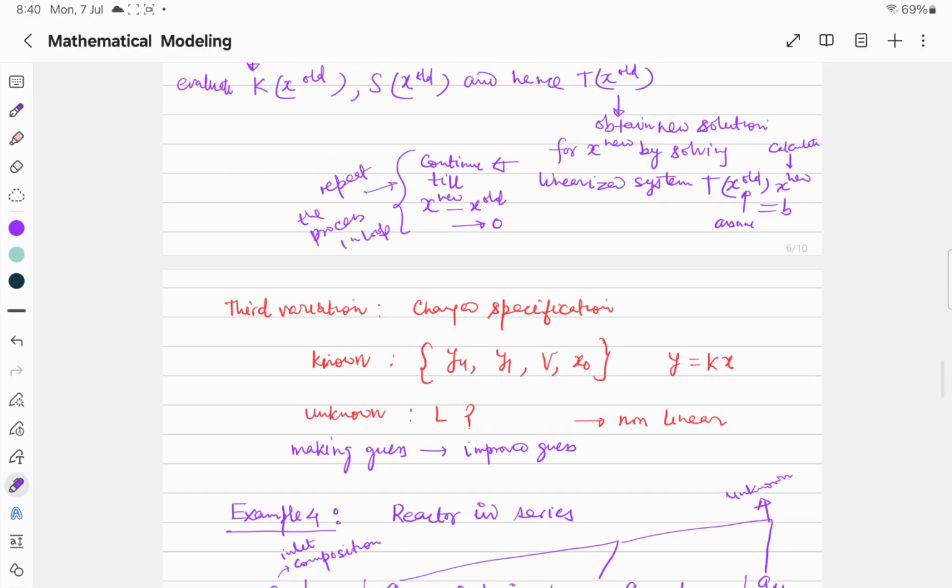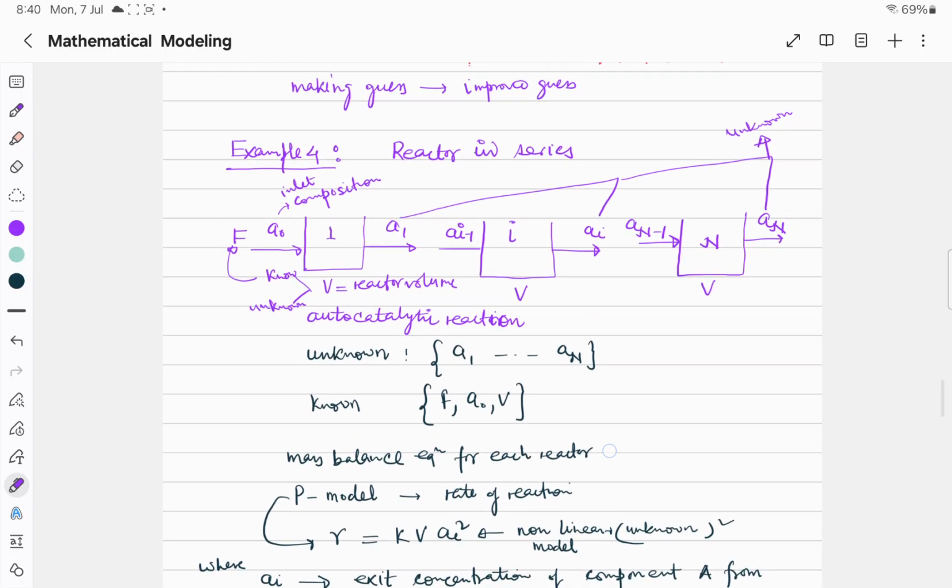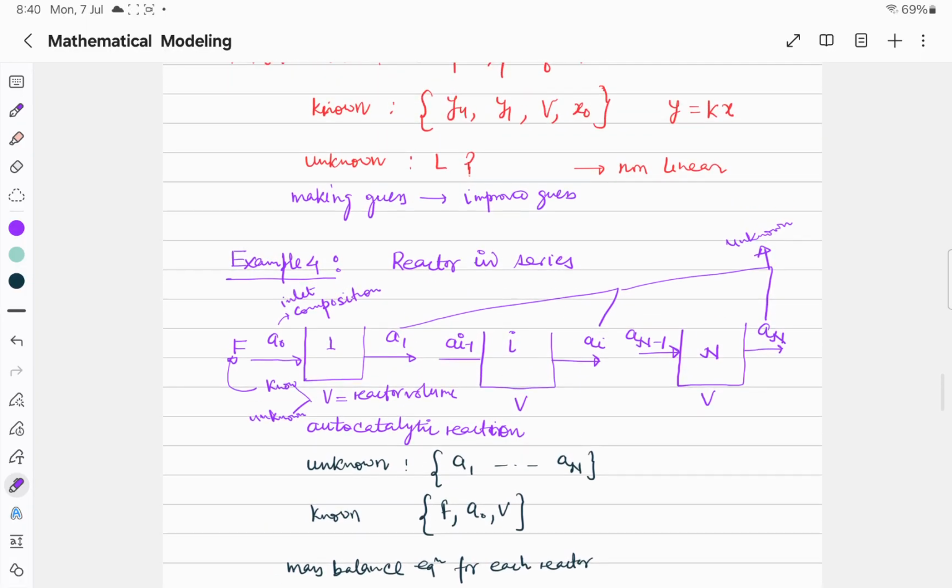Now this is the third variation, and the next example we can take is reactors in series. F is the feed flow rate and A naught is the inlet composition, then A1, then it is fed to the next reactor, the ith reactor, with exit concentration Ai and inlet concentration Ai minus 1.